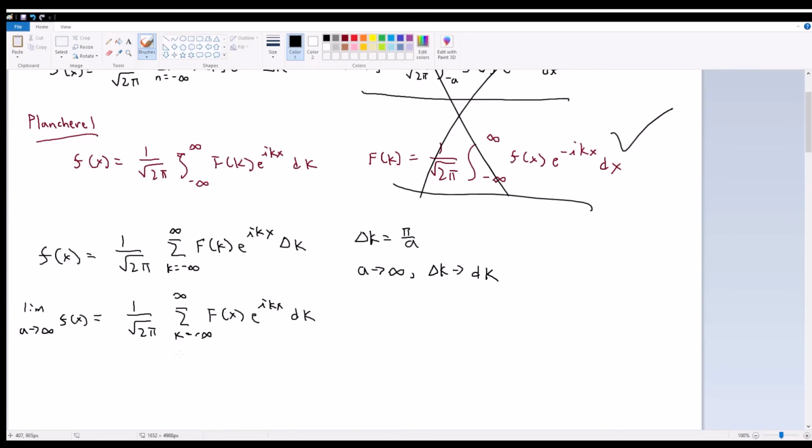And this is pretty much the definition of converting a summation into an integral, because this super small dk is going to mean that each one of these sums is going to contribute negligibly to the final summation, and that's pretty much the definition of an integral. So this can just get converted by definition into an integral from negative infinity to positive infinity of f of k times e to the ikx dk. And with that, we are done with this problem.